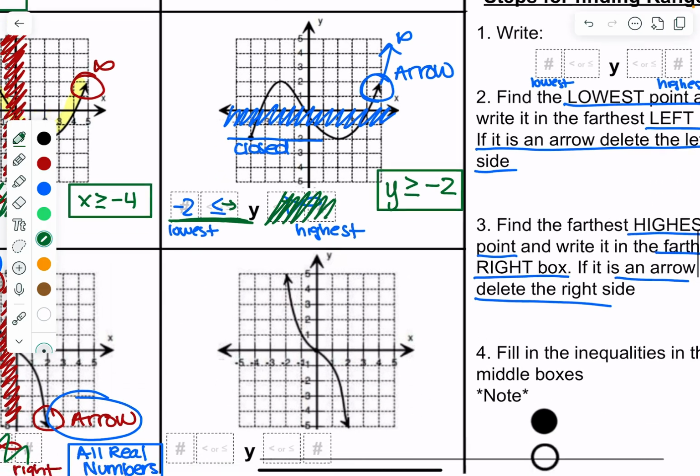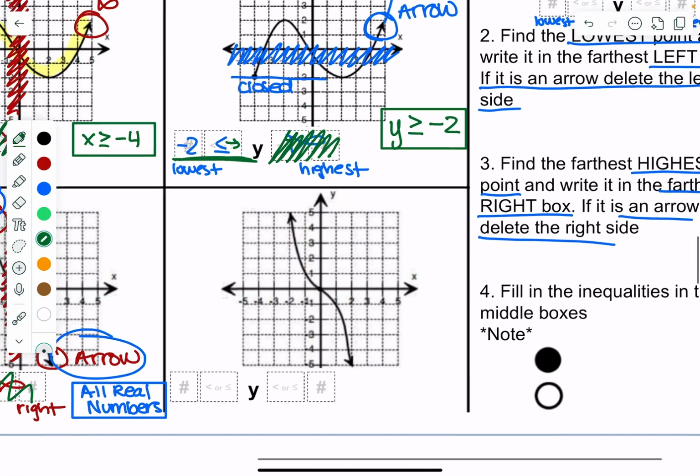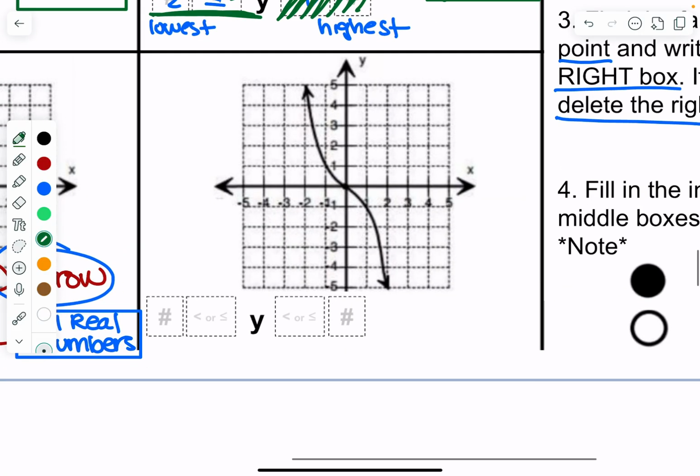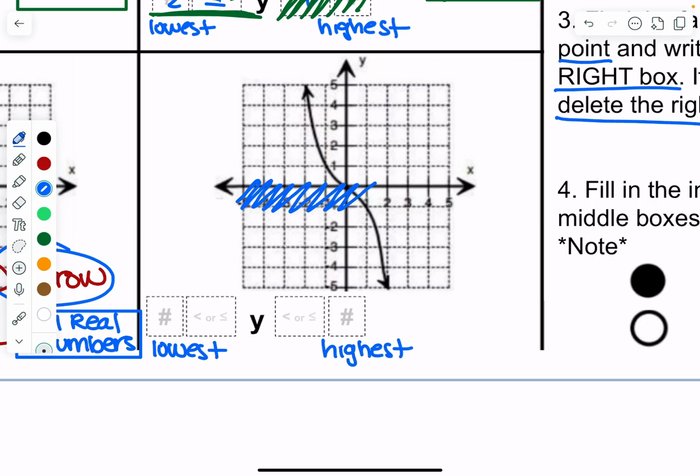Okay, so now let's try this last one. We're going to label our boxes first. So lowest to highest. I want to delete the x-axis like I've been doing. And I want to highlight my curvy shape to help us. Now, the issue with this one is the same that we had on the other one. I have an arrow pointing up and an arrow pointing down.